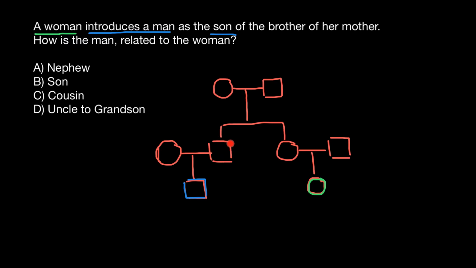So this person here is going to be a brother of the mother of this woman. And again, the son of the brother of her mother would be her cousin. And this is answer C.